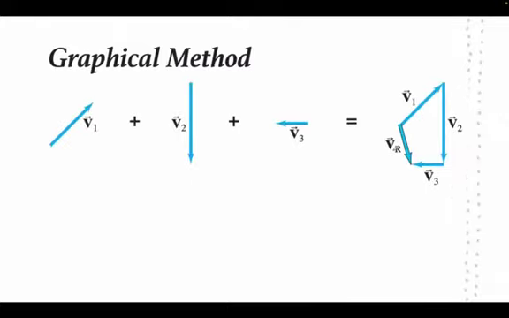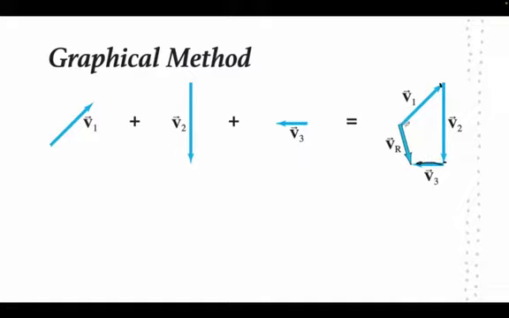All right. So this graphical method also works when you have more than two vectors. So if I have three vectors right here, I will draw the first vector. It doesn't matter which vector is the first vector. And then from the end of the first vector, I'll draw the second vector. From the end of the second vector, I'll draw my third vector.